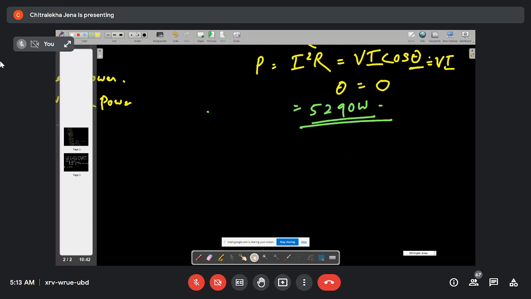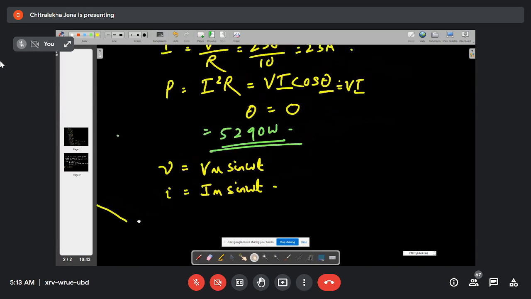Next you will find out the equation for voltage and current. Equation for voltage and current means, what is your equation? Voltage is equal to Vm sin omega t. What is your current equation? Current equation is Im sin omega t. Both are in the same phase. So what is the value of Vm?